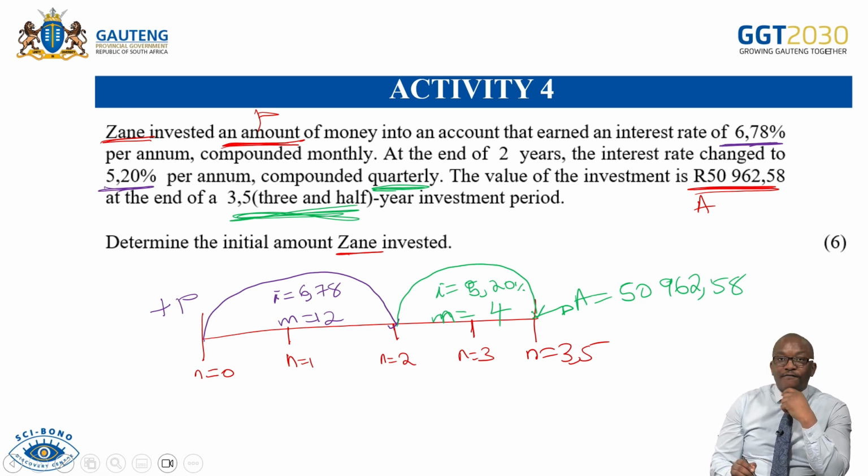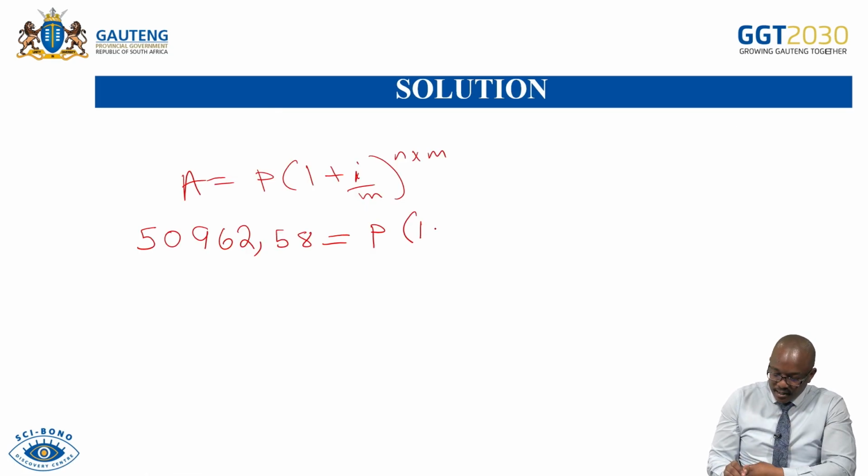So they're saying for the first 2 years, the interest was 6.78. So if we divide it by 100, we're going to get 0.0678 all over.